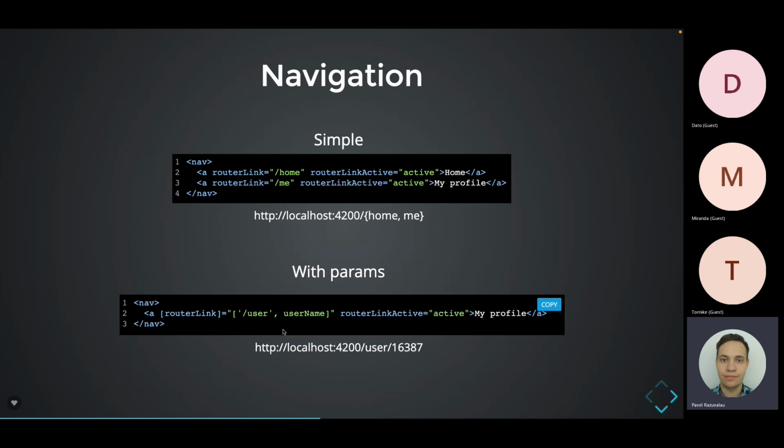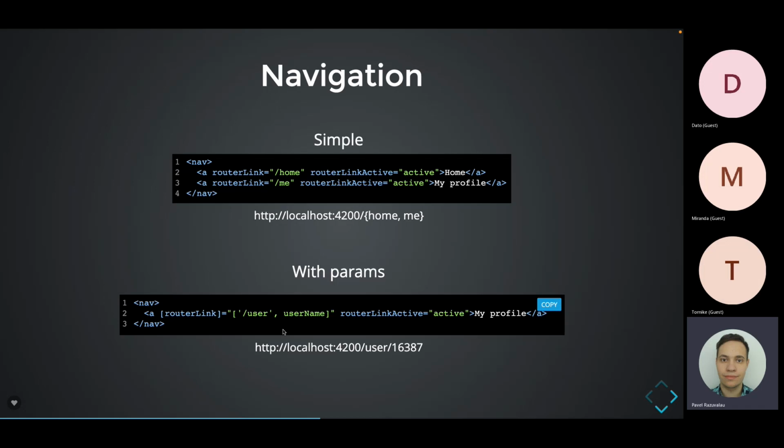Another one: if we use the routerLink directive as a property binding, instead of a string we're going to pass an array. The array will help us with passing multiple URL segments.